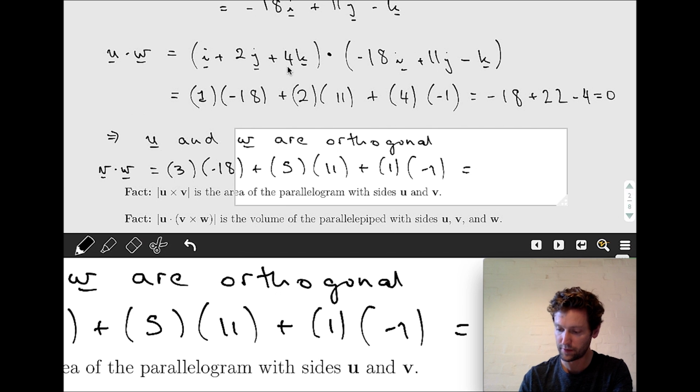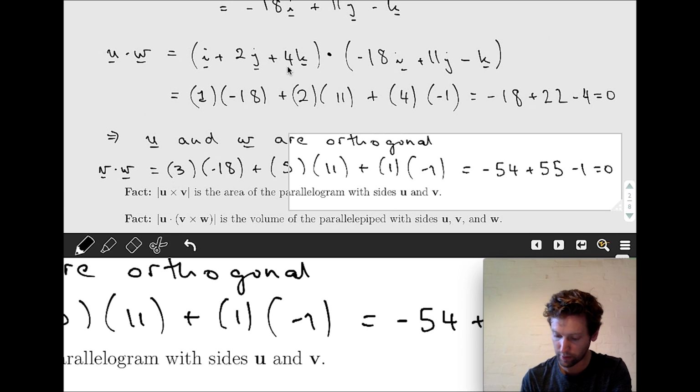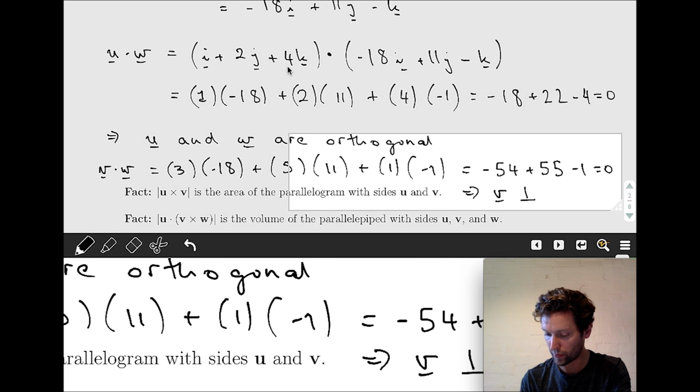So that will be 54 minus 54 plus 55 minus 1. And that also is equal to 0, which implies that v is perpendicular or orthogonal to w.